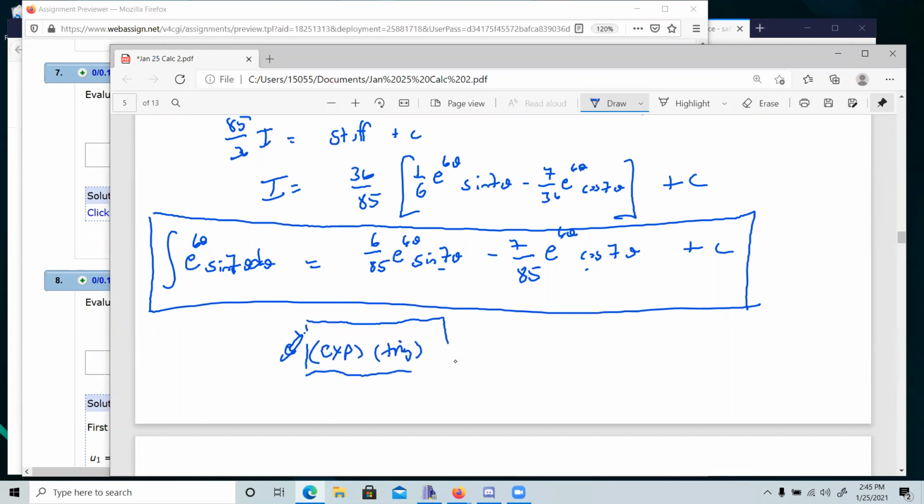Every Calc 2 class has a test question that looks like one of these. So if you ever talk to somebody from any other school that ever took Calc 2, you will be able to commiserate on the fact that you had to do a problem like this.